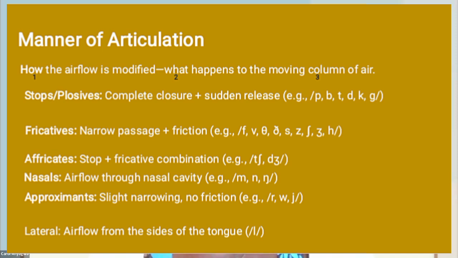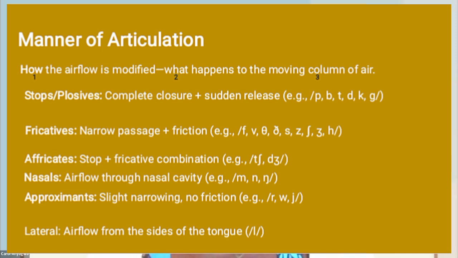What happens is simply that the organs come together, but not so close as to totally block off air. So what you have is a narrow passage for air to flow out through. And because of the narrowness of that passage, there is friction as air passes through.